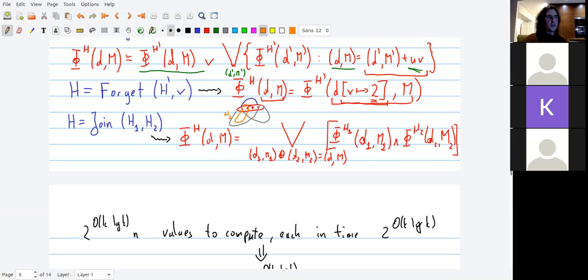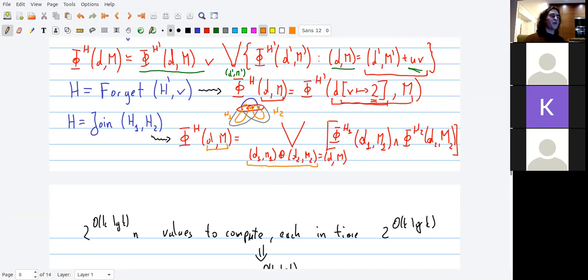So in the signature in H1, I will have an element of a matching like that. Then maybe I will use some edge in the boundary, and then I will have an element of this matching in the second graph because I'm using a path in H2. So this signature dm that we are interested in can be decomposed in many possible ways into a signature on the left and a signature on the right, which together merge to the signature dm.